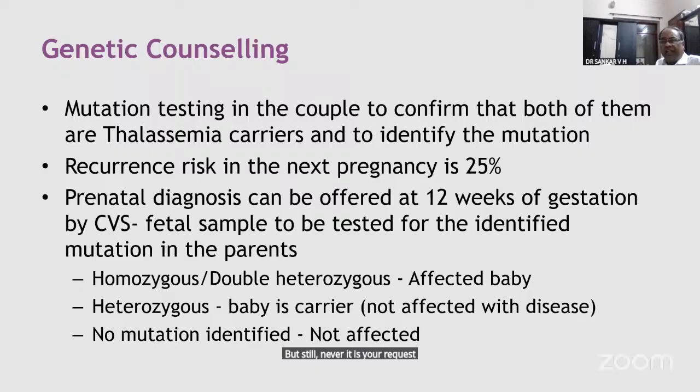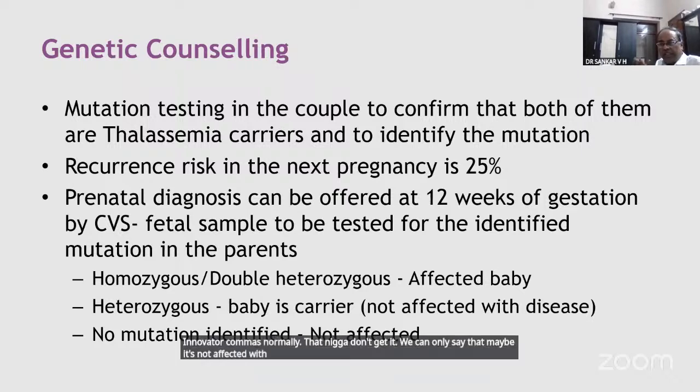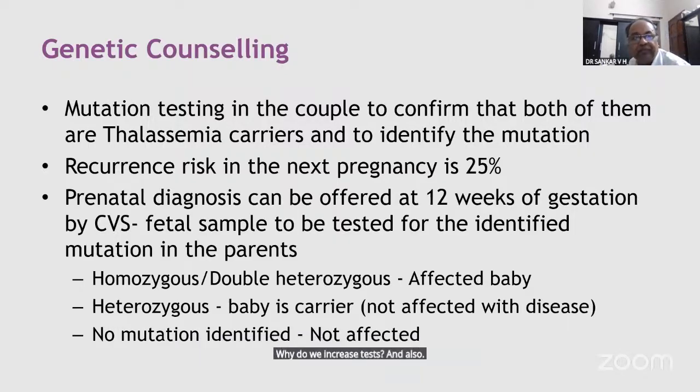That means the genetic testing for thalassemia you have done doesn't mean that you are getting a certified non-genetic abnormality baby, inverted commas, normality. That we cannot guarantee. We can only say that the baby is not affected with thalassemia major by doing these tests. That also you have to counsel.